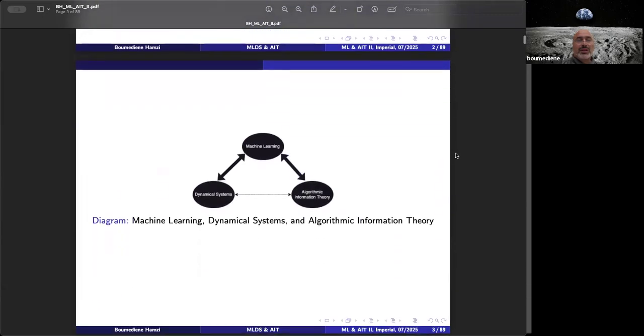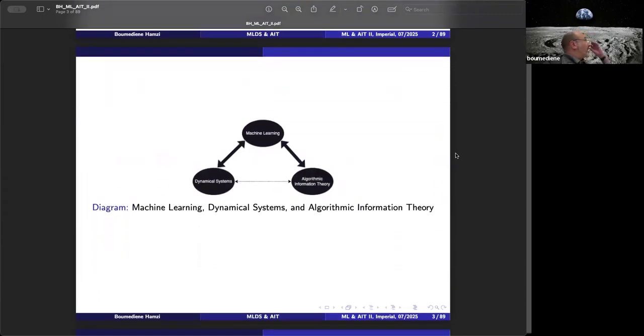So here the argument is that I like to argue for a unified framework where we have machine learning, dynamical systems, and algorithmic information theory. Machine learning is not as strong theoretically speaking, but it can benefit from the strength of both the theory of dynamical systems and algorithmic information theory.